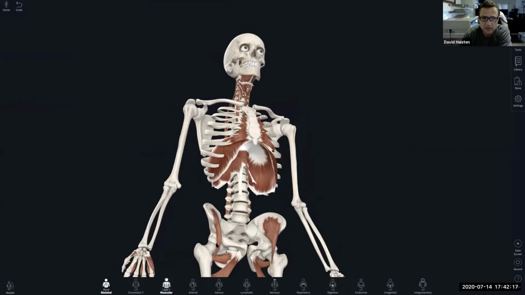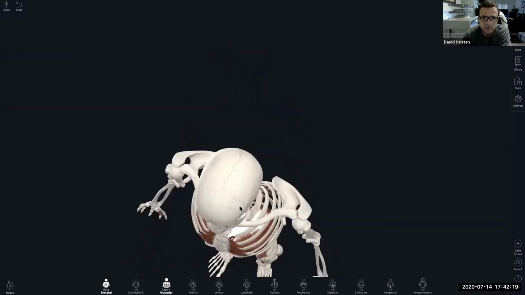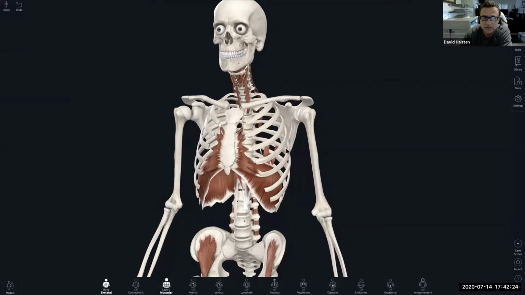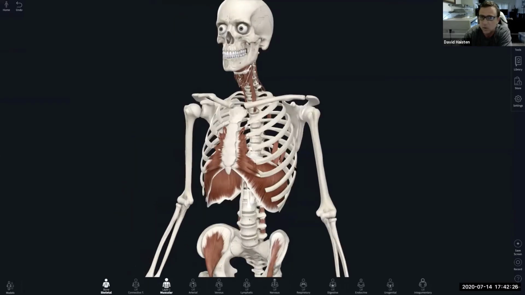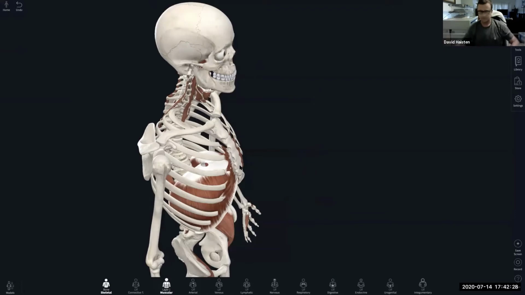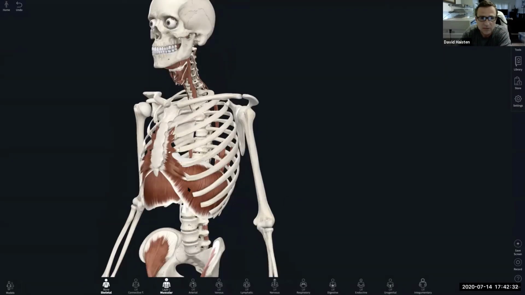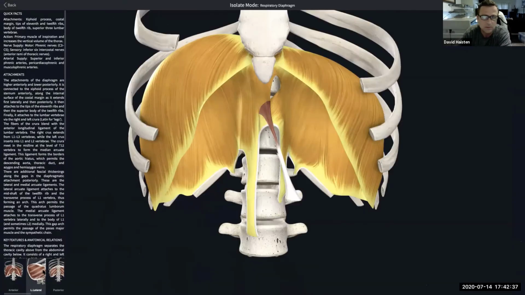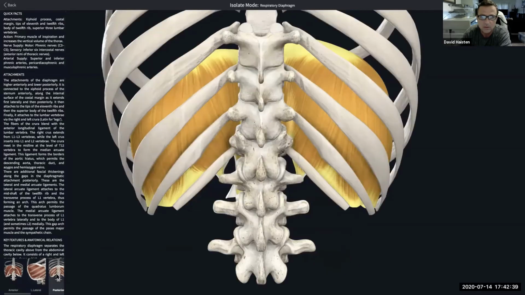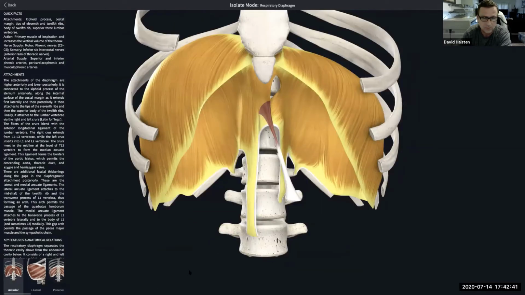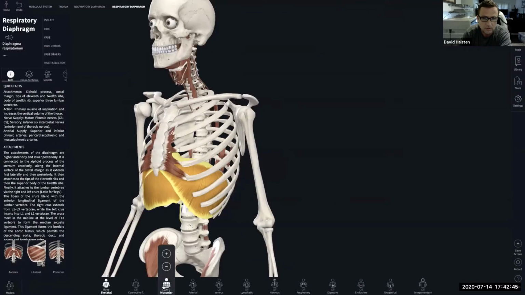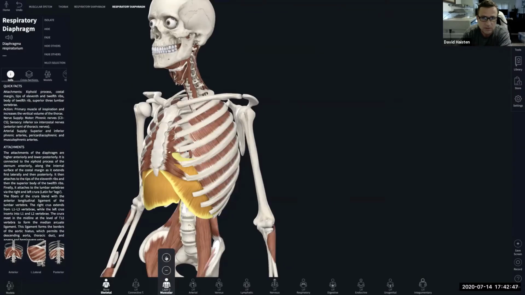Here we have the prime movers for quiet breathing. Diaphragm. Okay, let's muscle up here.